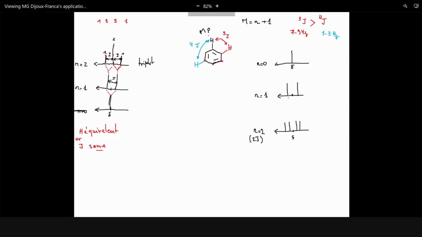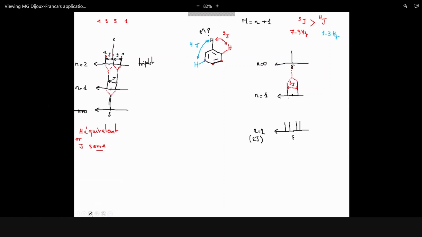Okay, for all of you. I would like to change the color. So the first will be the coupling with the big coupling constant. So here I can calculate the J3.